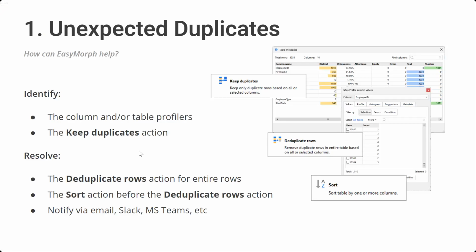We've got that deduplicate rows action, or if we need to make sure we're deduplicating and getting rid of the correct values, we can use the sort action to put them into the right order before we deduplicate. And of course, if we can't just automatically get rid of those duplicates, we don't know which one's the right one to keep, we could keep those duplicate values and filter them off and send them our way in an email to somebody to fix for us, to solve the problem manually instead.